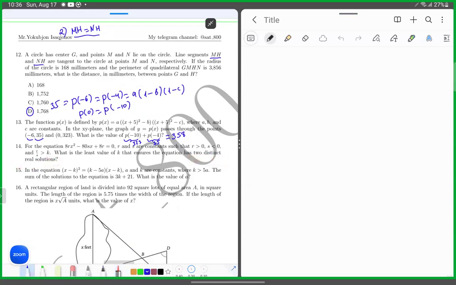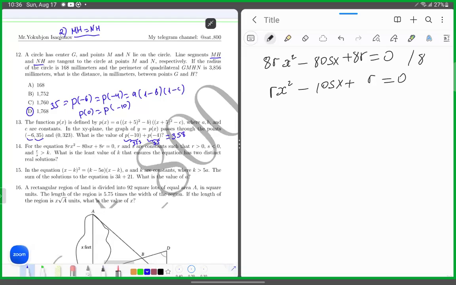For two distinct real solutions, the discriminant is considered. We have 8r x squared minus 10sx plus 8r equals 0. Now I will divide both sides by 8. I will get r x squared minus 10s x plus just 8r divided by 8, which will be 1, equals 0.